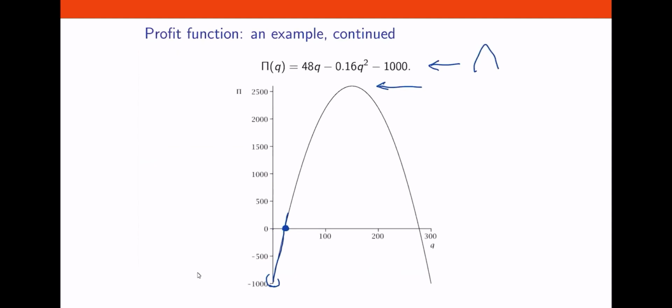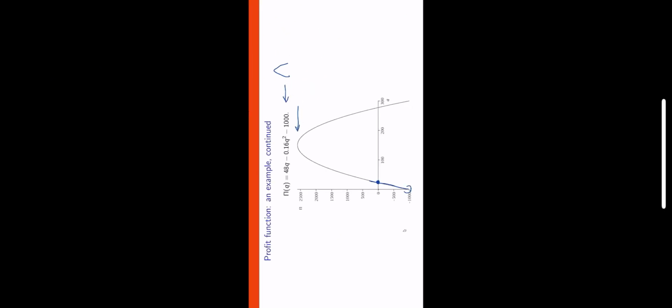The fact that it goes up and then comes back down is reflecting the fact that the more that is produced, the lower is the selling price which consumers are willing to pay. There's a trade-off between the quantity produced and the price at which it's sold.